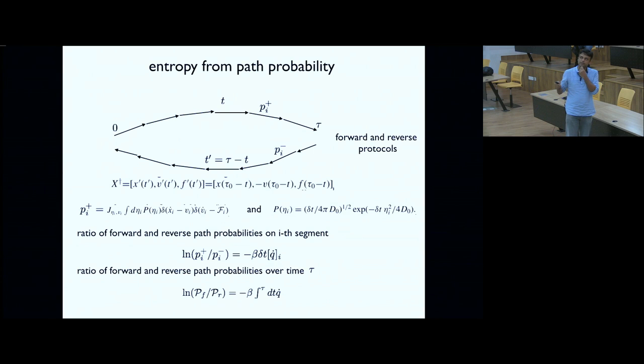Let's say on the ith segment this probability is p_i^+, and then after forward propagation, let's assume the system goes to a final state, defined by the final value of the force, which could be some f at τ.